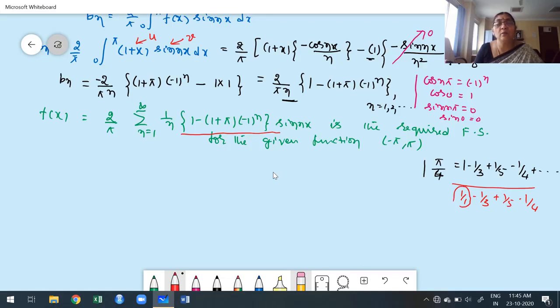Put n equal to 1, we get 1 by 1. Put n equal to 2, 1 by 2, 1 by 3, like that. We only expect odd values: 1 by 1, 1 by 3, 1 by 5, 1 by 7. After 5 you don't get a lesser value, you get a higher value, 1 by 7, etc.